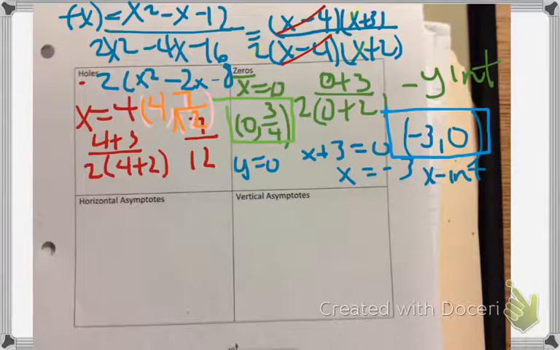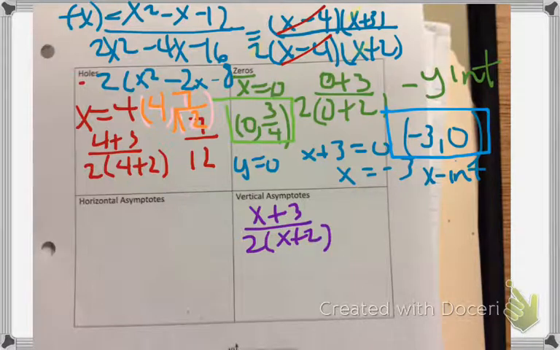All right, now let's go down to our vertical asymptotes. That's nothing new. Vertical asymptotes happen when? If I'm looking at x plus 3 over 2 times x plus 2, where is this thing going to be 0? At negative 2. So what we have left is x plus 3 over 2 times x plus 2.